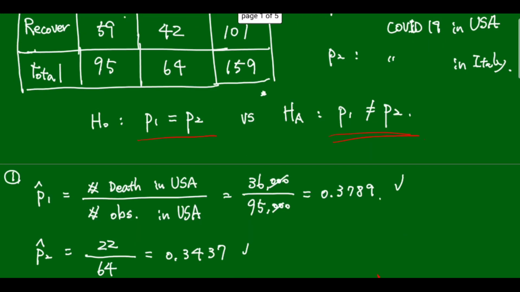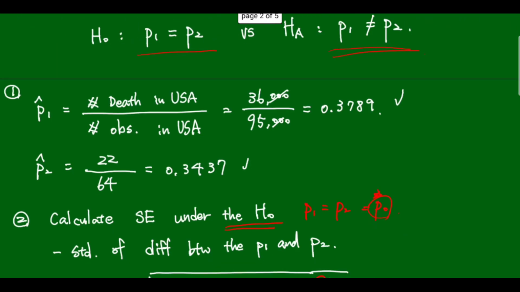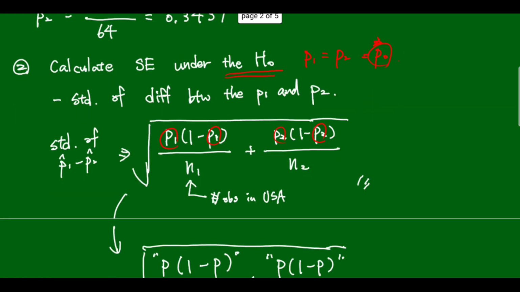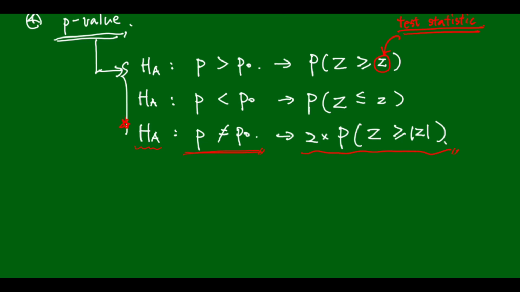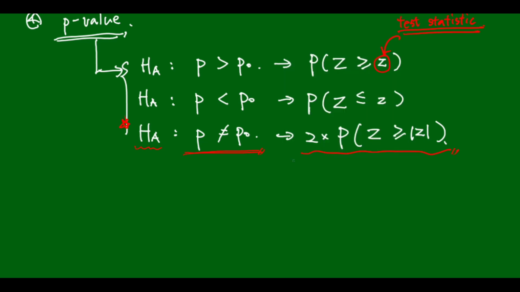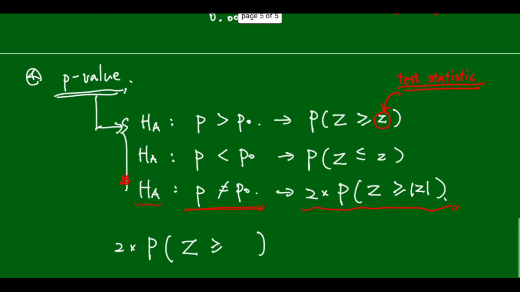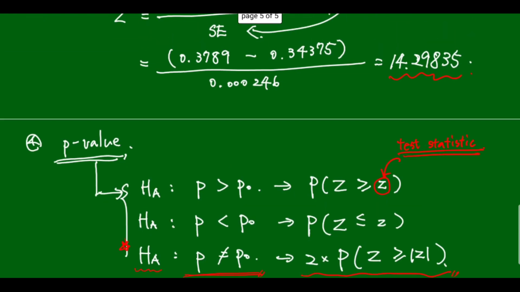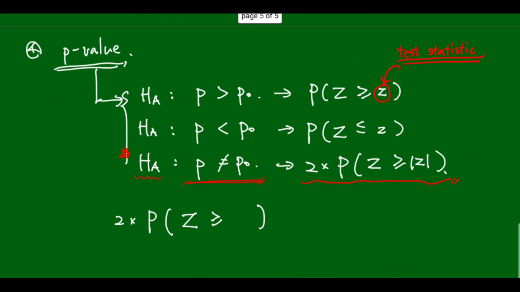So my alternative hypothesis looks like the third form, and my p-value can be calculated this way: 2 times the probability that a standard normal variable is larger than the absolute value of z. I know that z is 14.29, so this is about 14.3.